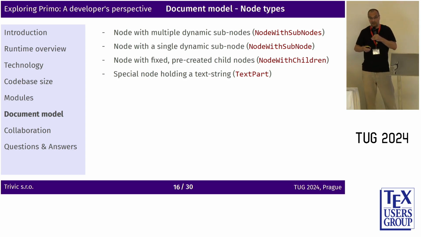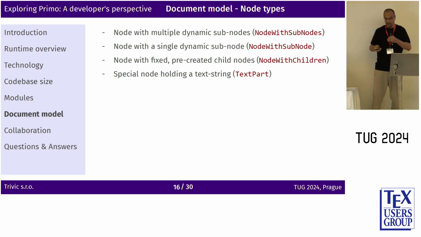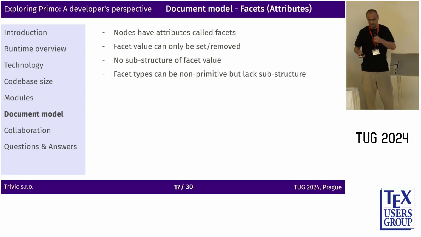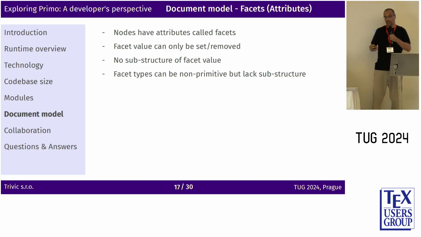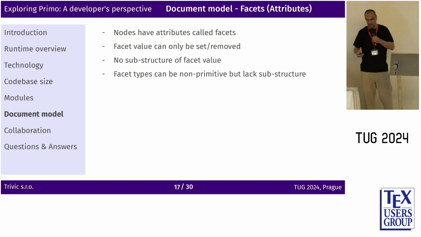This is used very often because the DTD specifies that this node has these children and this node has these children, and this is statically given. And then we have a special node which holds the text, just for completeness. Nodes have attributes which we call facets. The attribute value is something immutable. You can only set it as an atomic operation, set or unset.